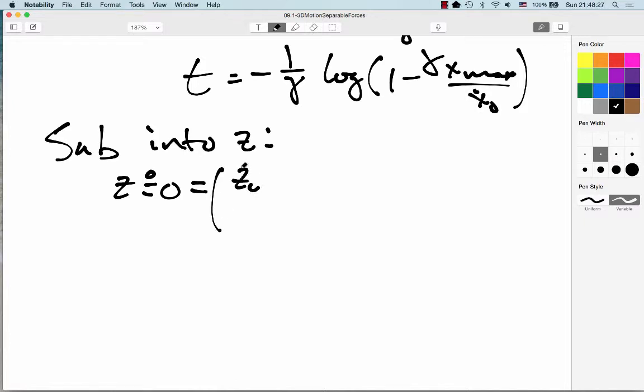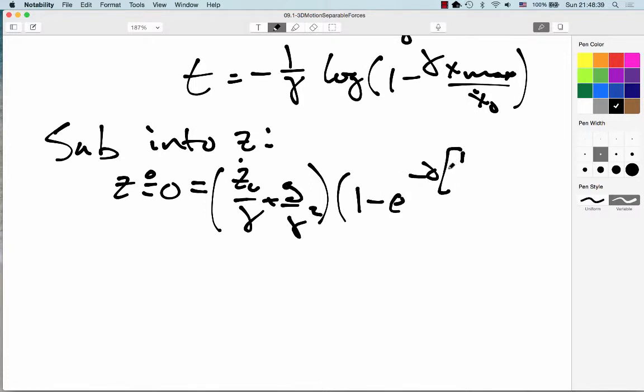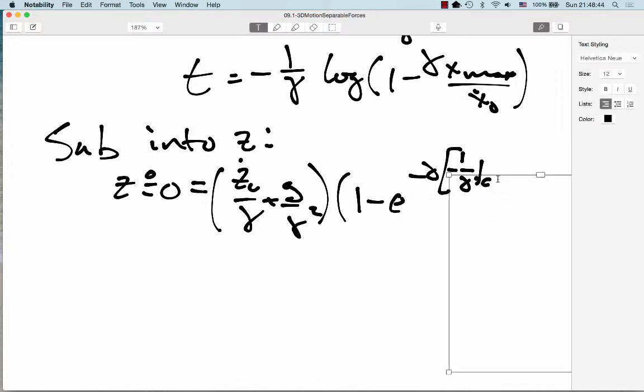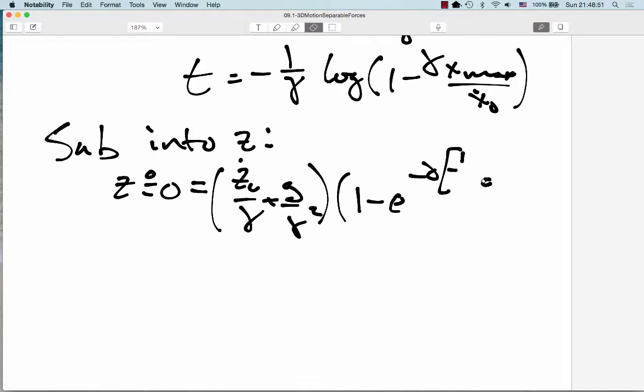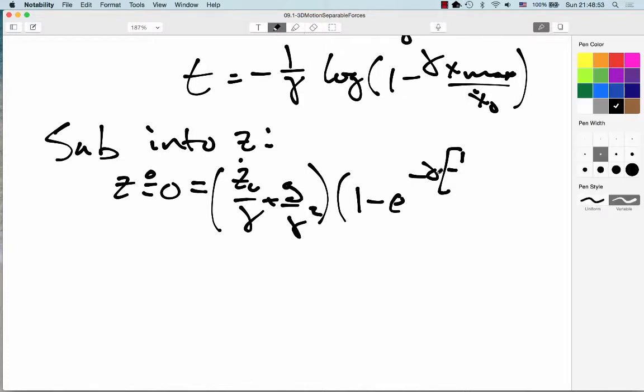That'll be z naught dot over gamma plus g over gamma squared times 1 minus e to the minus gamma times 1 minus 1 over gamma times the log, oops, this 1 over gamma times the log of that stuff there.